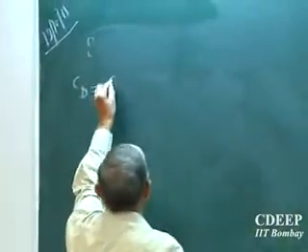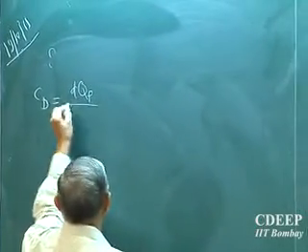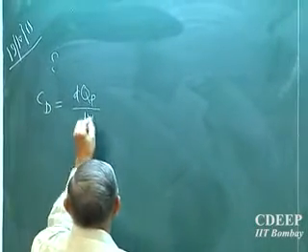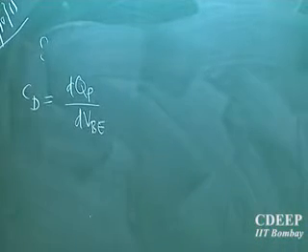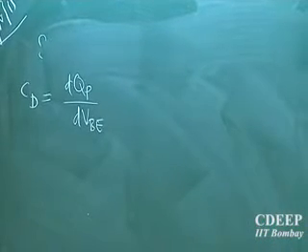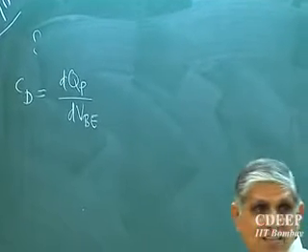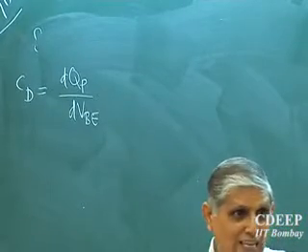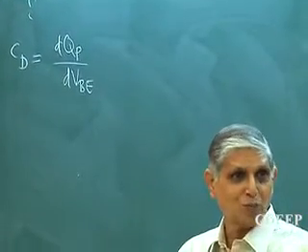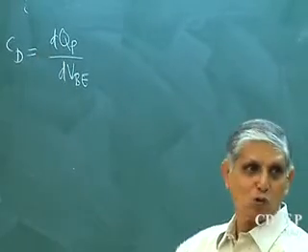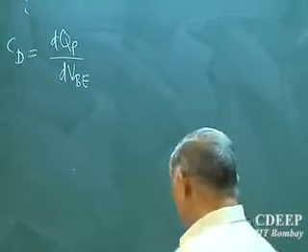So typically we must say dQP by dVBE, let's say for a PN junction, is actually the diffusion capacitance. Q आपने निकाला था, अभी निकाला था, Q लिखा था ना लास्ट में, उसमें PNO e to the power QVB by kT टर्म आ रही थी.